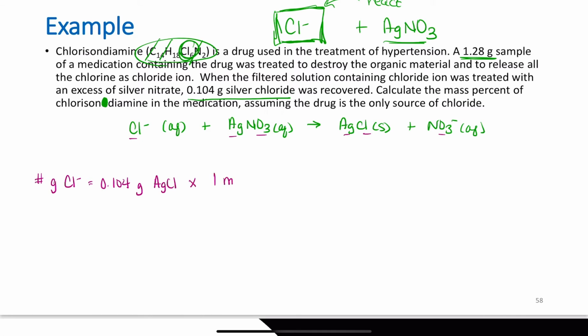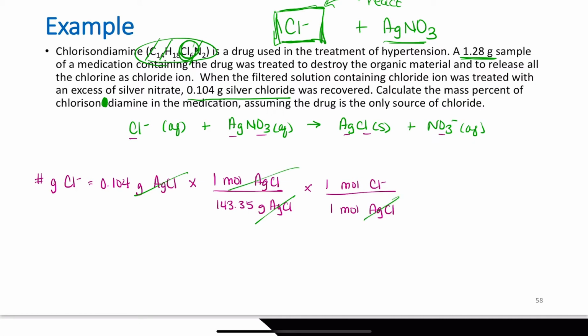Convert that to moles. And now that I've got moles of silver chloride, cancels out that, I can go ahead and use the balanced equation to find moles of chloride. I've got moles here. If you want to check, moles of silver chloride is canceled out.